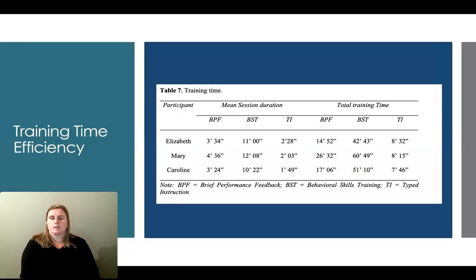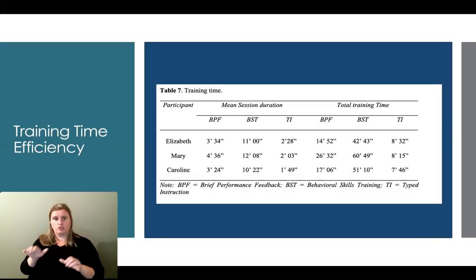So the functional relation was actually established between BST and BPF, in that they both reach optimal levels of implementation, with really minor differences in performance patterns across the participants. An evaluation of time efficiency was also conducted. What we see here is that implementation of BST took 3 times the amount of time that BPF took.